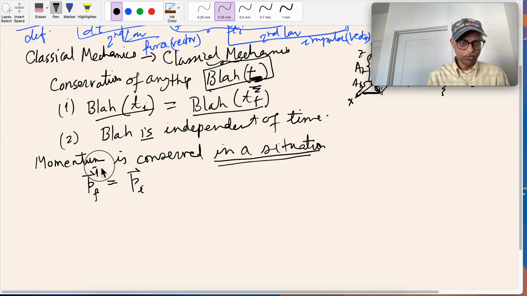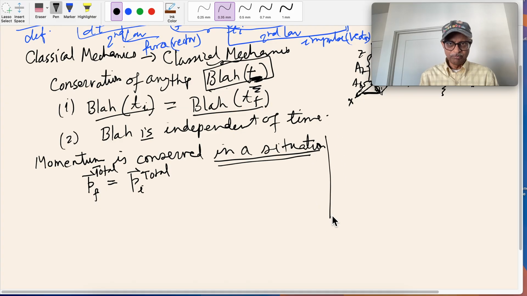Sometimes we say total of everything. So this is in a situation. But momentum is conserved as long as you look at everything, okay? So it's always conserved, not just in one situation but in all situations, as long as you broaden out your system.